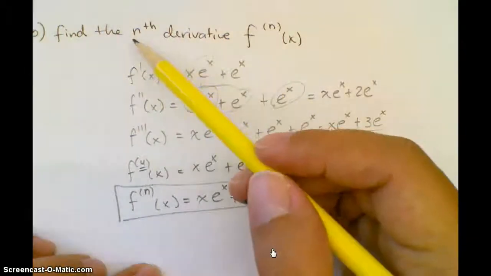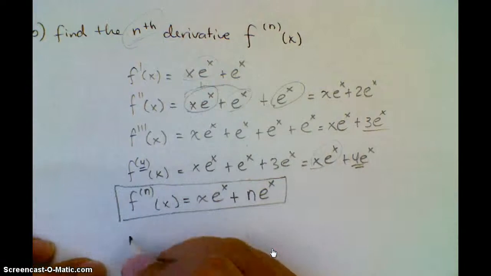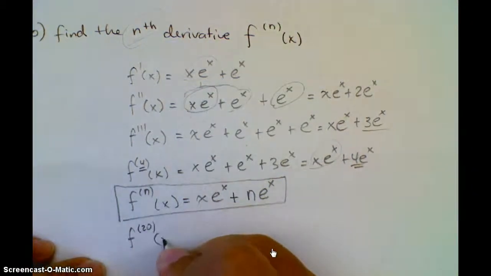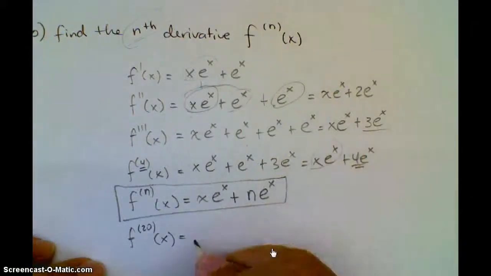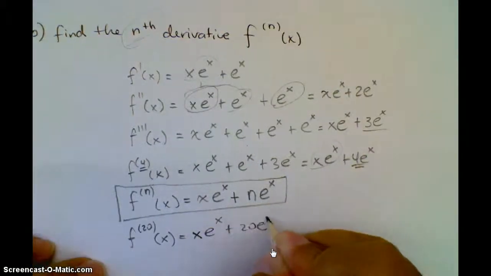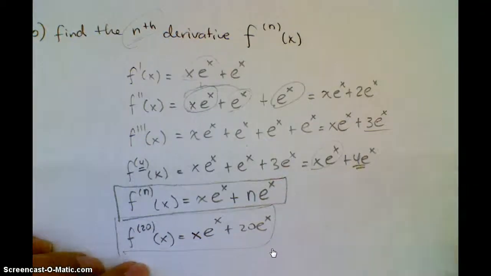Just remember, n is just any number. This is some kind of a formula, so let's say that I want, for some reason, the 20th derivative of this function. I don't have to take the derivative 20 times. I can just say this is x e to the x plus 20 e to the x, and my job will be simplified just because of that.